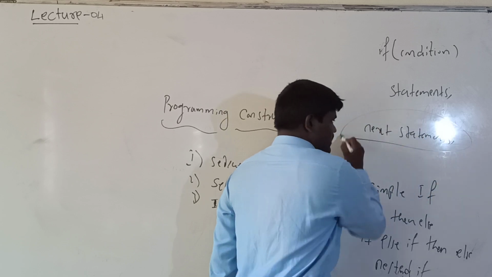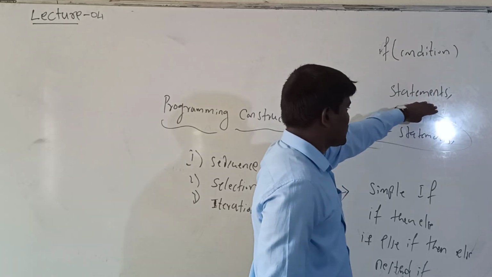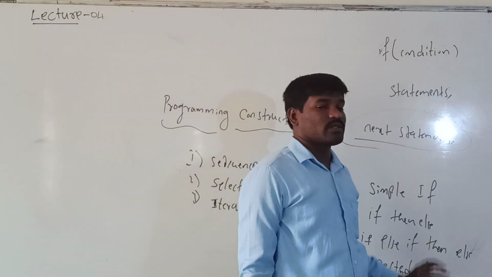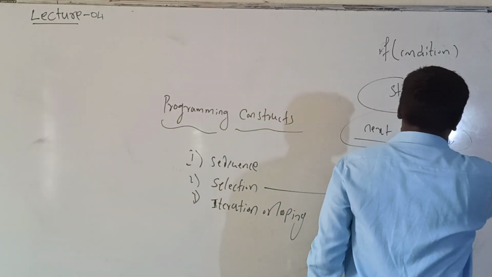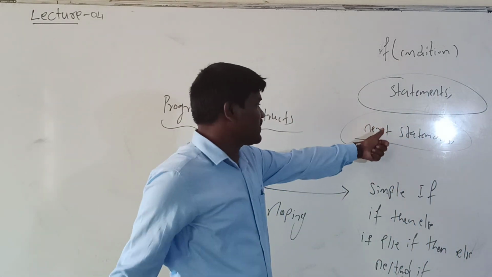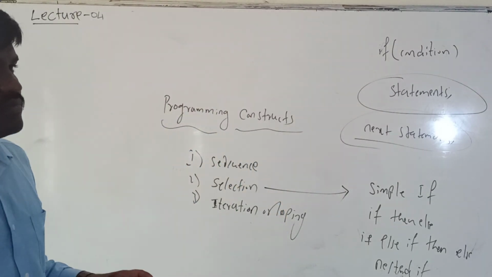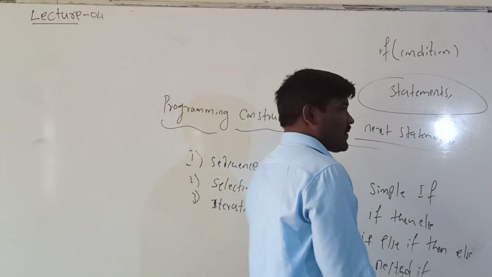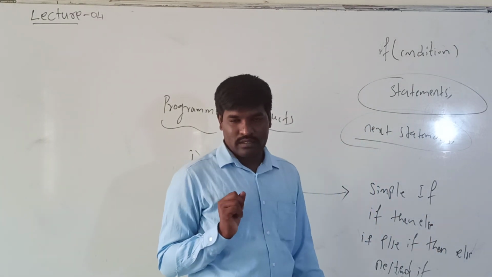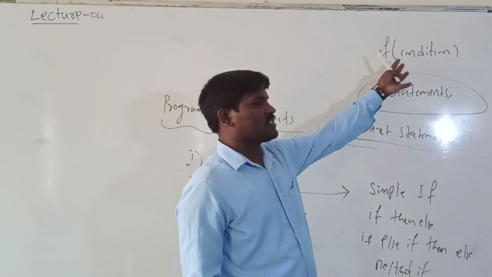This next statement is not dependent on the condition. If the condition is true, it will execute the statements and after that the next statement. If the condition is false, the statements will not execute, and directly the next statement will execute. If you want to define only the true statements, we can use the simple if condition.